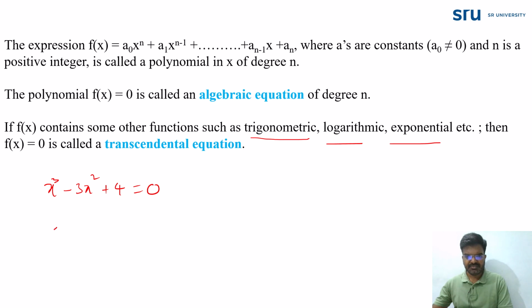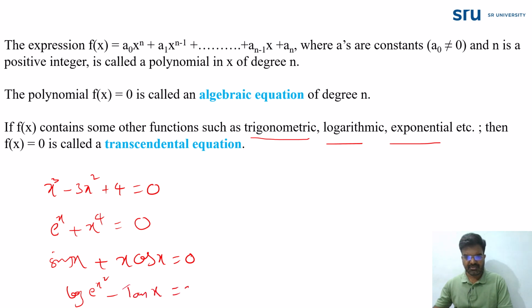Suppose you can see here e power x plus x power 4 equal to 0, or sin x plus x cos x equal to 0, or log of e power x square minus tan x equal to 0. These are the transcendental equations. If we find any special function in the equation, generally it is called a transcendental equation.